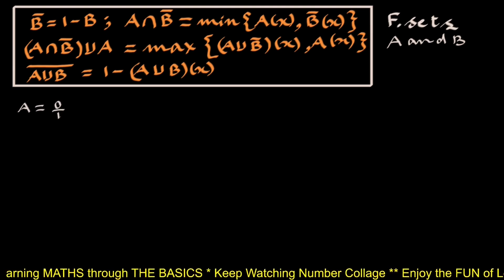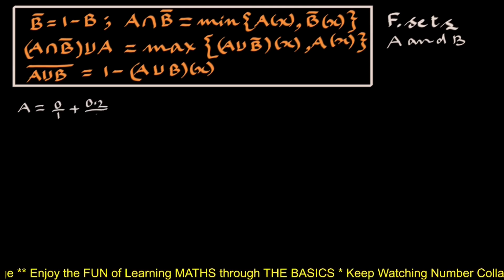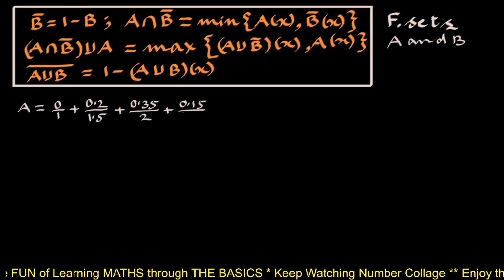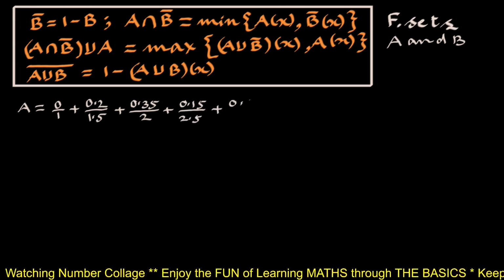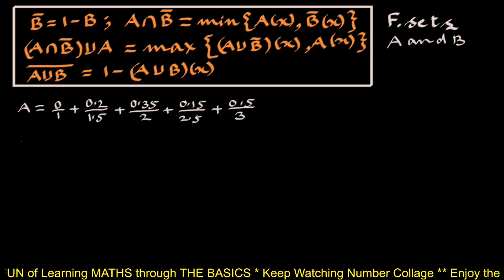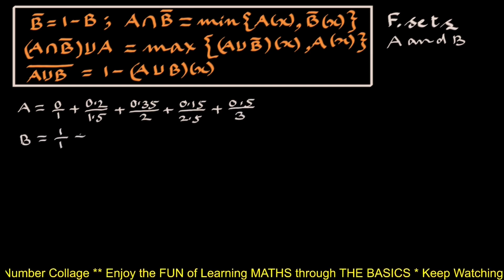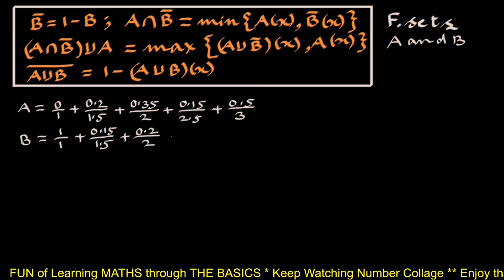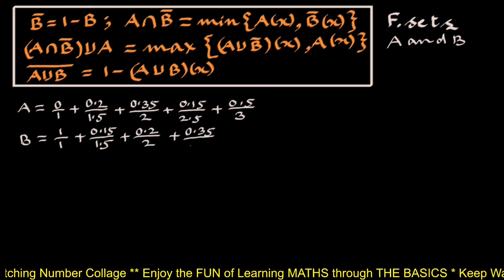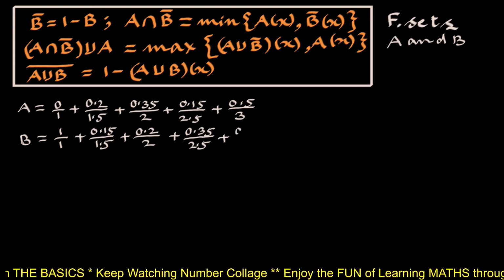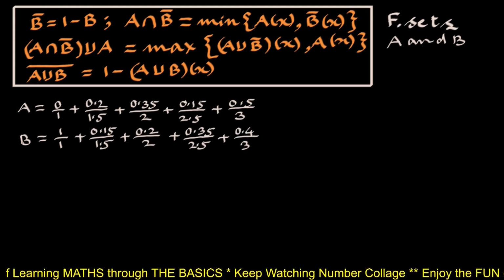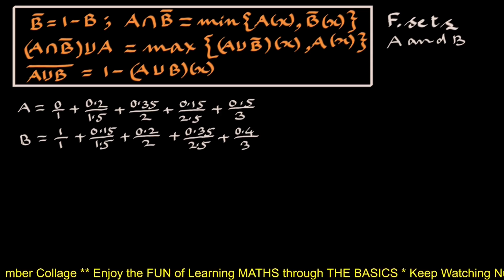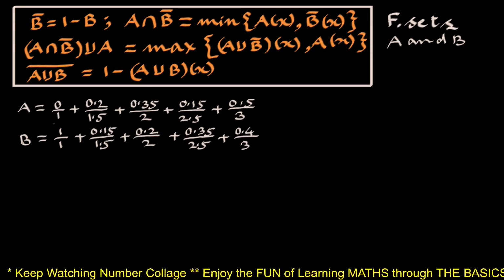A is 0 upon 1 plus 0.2 upon 1.5 plus 0.35 upon 2 plus 0.15 upon 2.5 plus 0.5 upon 3, and B is defined as 1 upon 1 plus 0.15 upon 1.5 plus 0.2 upon 2 plus 0.35 upon 2.5 plus 0.4 upon 3, where the denominator indicates members from the universal set X and the numerator the corresponding membership values of these elements.